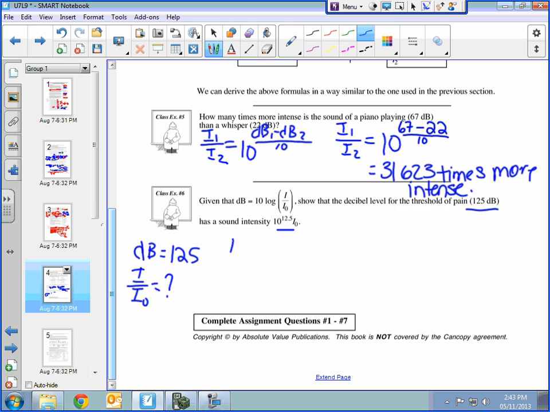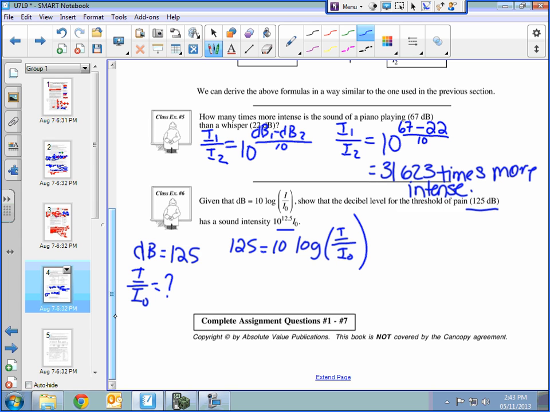So we have 125 equals 10 log of I over I naught. We have to show that this decibel level is equal to this intensity. Right now we're going to solve for I over I naught and then show that it's equal to that, okay?